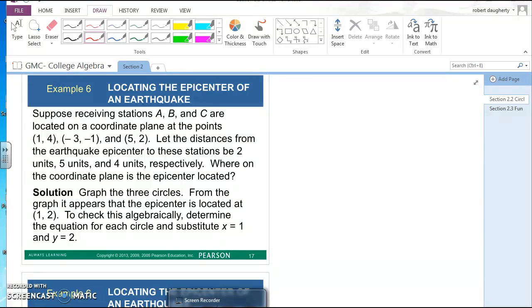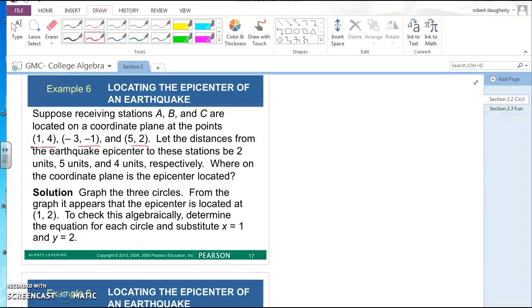Where on the coordinate plane is the epicenter located? So these are going to be the centers, (1, 4), (-3, -1), and (5, 2). These are the centers of circles that are measuring the earthquake vibrations. So I want to see where these circles intersect and determine what that point is.